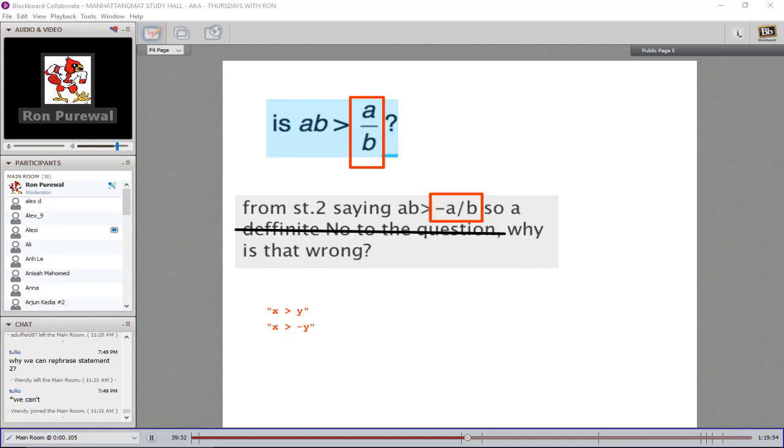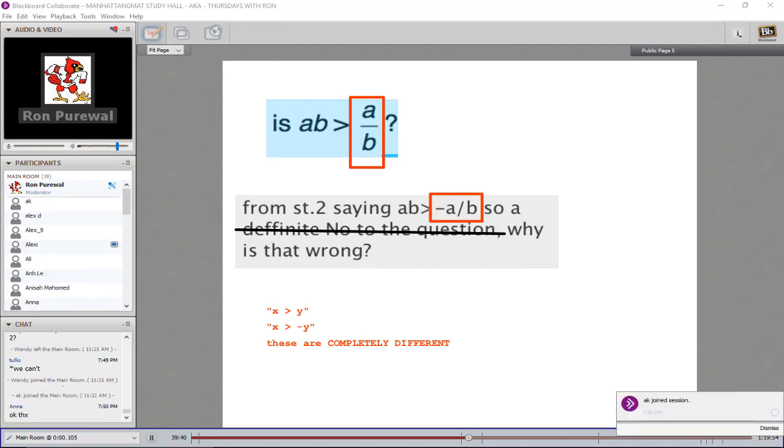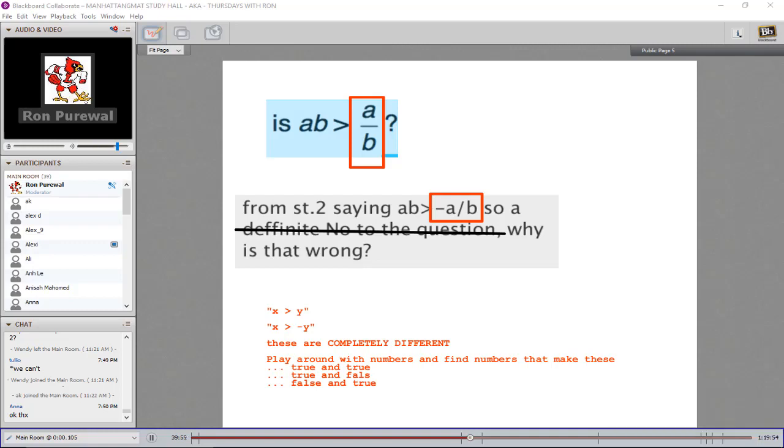It's possible for either one of these to be true while the other one is false. So, just play around with numbers at home and find numbers that make these true and true, true and false, false and true, and then false and false. I mean, you should be able to do all of those.